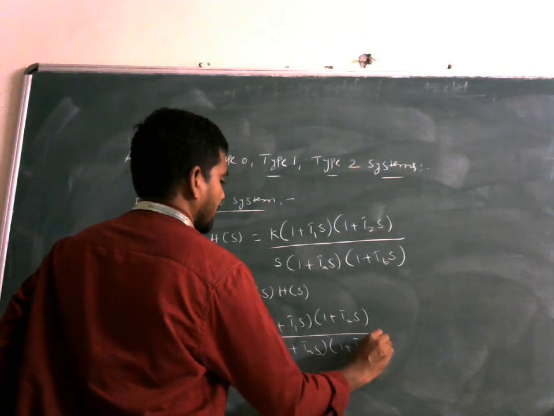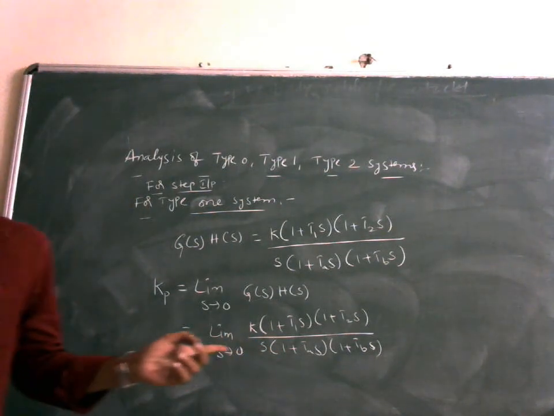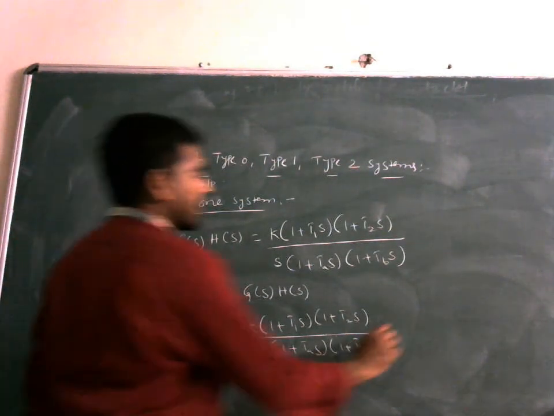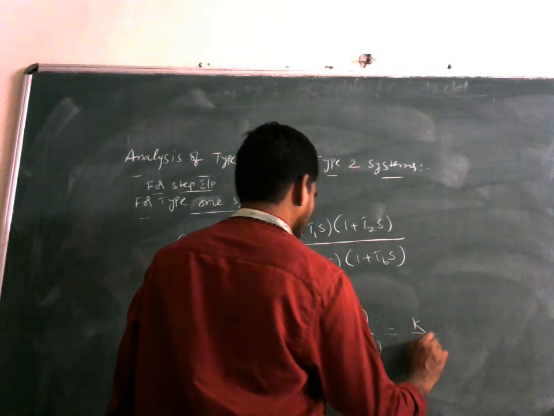If I substitute s equal to 0, this complete value becomes K divided by 0, that will become infinity.